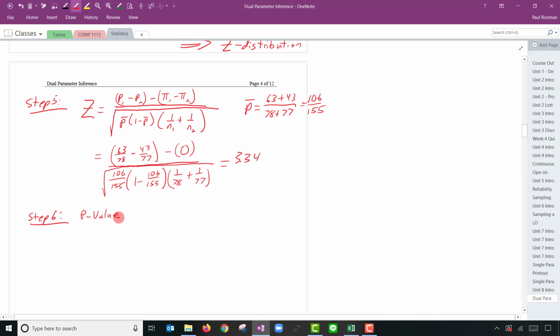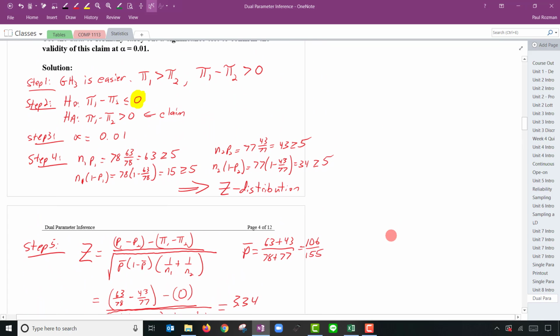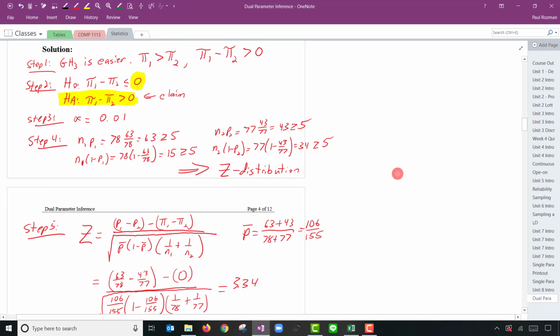And let's see if it's left, right, or two-tailed. I have to go back and look at my HA to see. We would accept HA over H0 only for large values. So it's a right-tailed test.